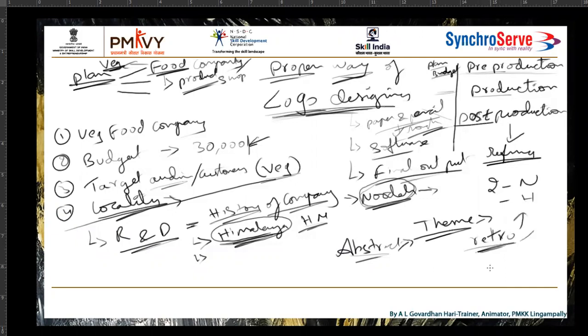So let's go with the retro, as the company has some history, because abstract means it's completely your visualization. The company has some history, so based on that we are taking some references and we'll be designing some logos. Okay, so let's go to the next page.